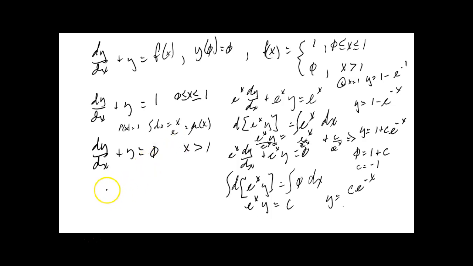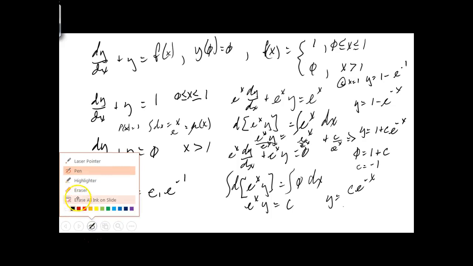So we'll have 1 minus e to the minus 1 is equal to, no, this is a different c. Let's call it c1 or something like that, e to the minus 1. Okay? That's ugly now.